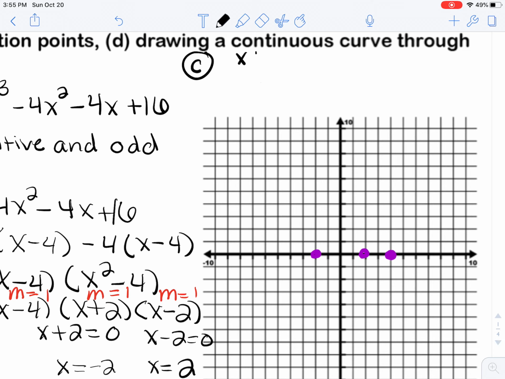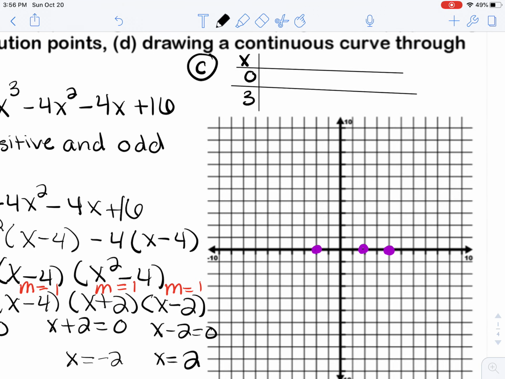So if I'm looking in between negative 2 and 2, a good value to plug into our table would be 0. And if I was looking in between 2 and 4, 3 would be a logical point to plug in for x as well.